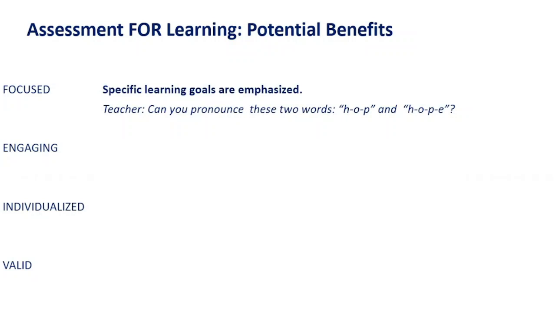The teacher may wish to check if a student pronounces long and short vowels correctly: hat versus hate, or hop and hope. So the teacher says, can you pronounce these two words, hop and hope? This is a very focused assessment. It is on a specific reading pronunciation skill.